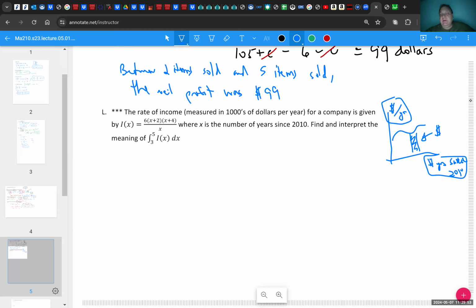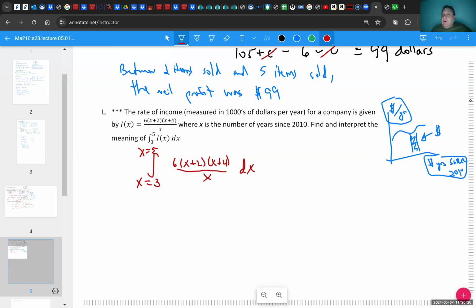Dollars per year times years is equal to dollars. All right, so we're going to find this antiderivative, specifically the integral from x equals 3 to x equals 5 of this function, 6x plus 2 over x dx.